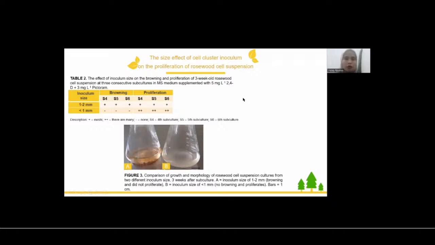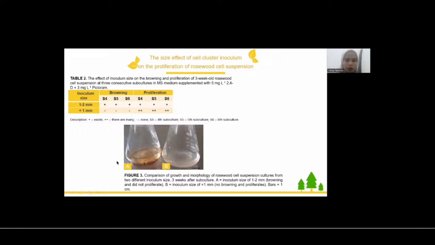The size effect of cell cluster inoculum on the proliferation of rosewood cell suspension. We can see from table 2, the inoculum size 1 until 2 mm, the browning is high and the proliferation is low. But less than 1 mm, there is no browning and the proliferation is high.